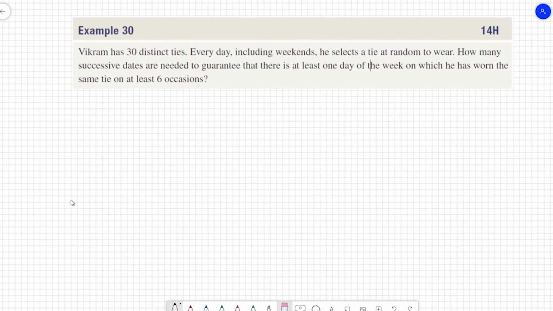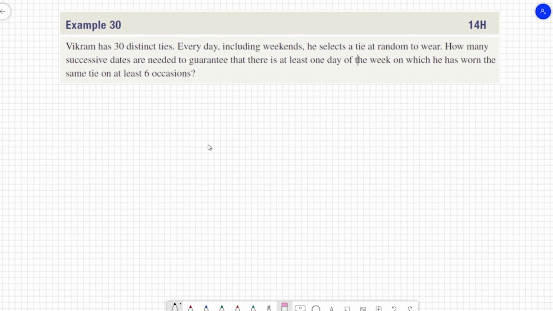So this is an interesting one because the crux of a question like this is to identify what the holes are and what the pigeons are. This guy has 30 ties, and every day he picks a tie at random.